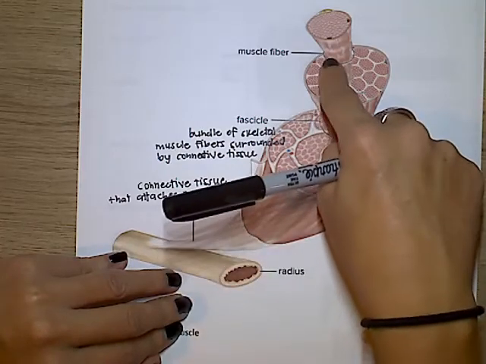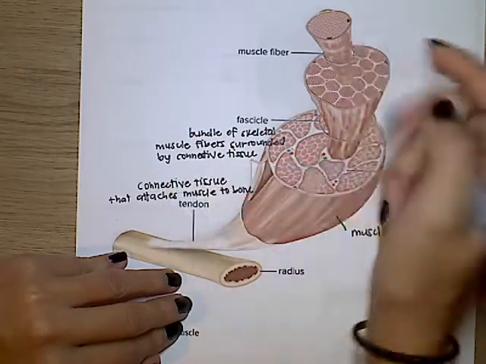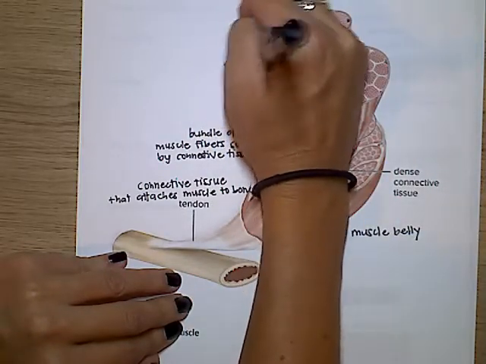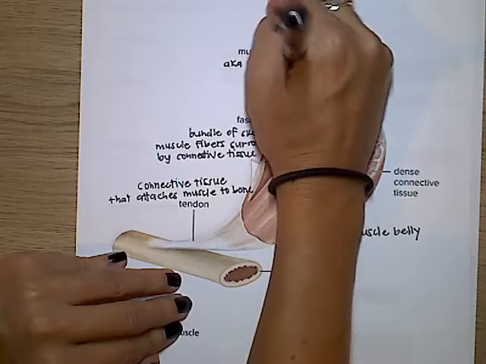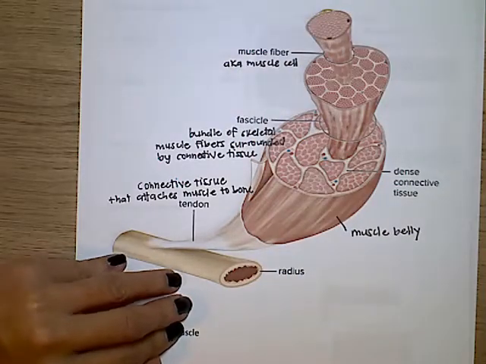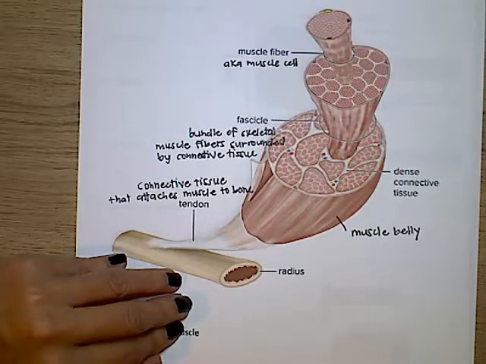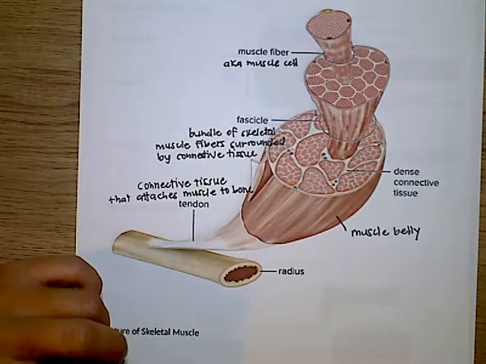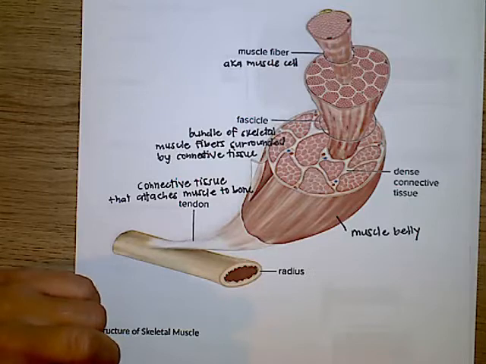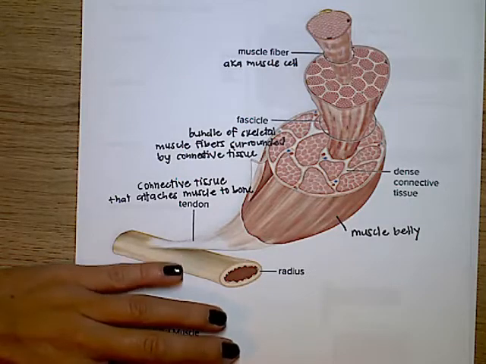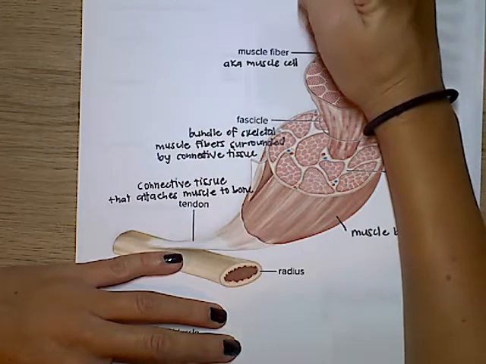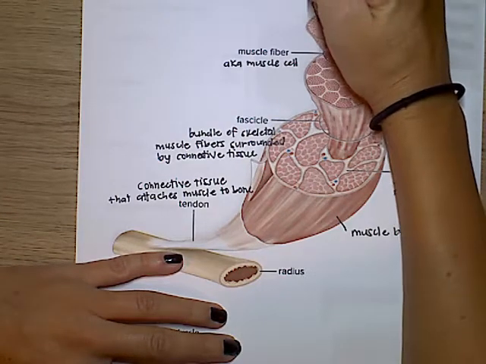And then next we've got our muscle fiber. And when we say muscle fiber, we're referring to muscle cells. So these are just like any other cells in your body. There are organelles, there's mitochondria, there's a nucleus. And then within the muscle fiber or muscle cell, we have what's called a myofibril.